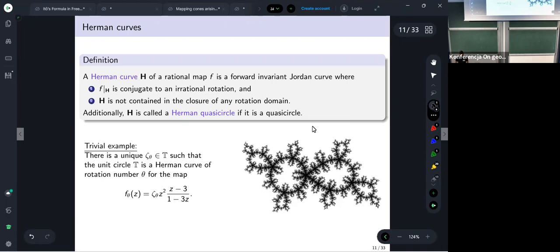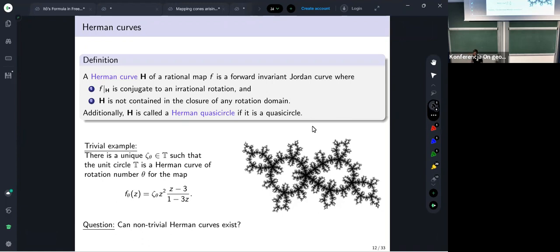All right. So I guess that raises a question, which was raised by Eremenko 2 years ago at this conference. Can non-trivial Herman curves exist? As Fei Yang explained on Tuesday as well, it is possible using some cheap tricks, such as doing a surgery by replacing one of the super-attracting fixed points with a simply attracting one with non-zero multiplier, and that breaks the symmetry.